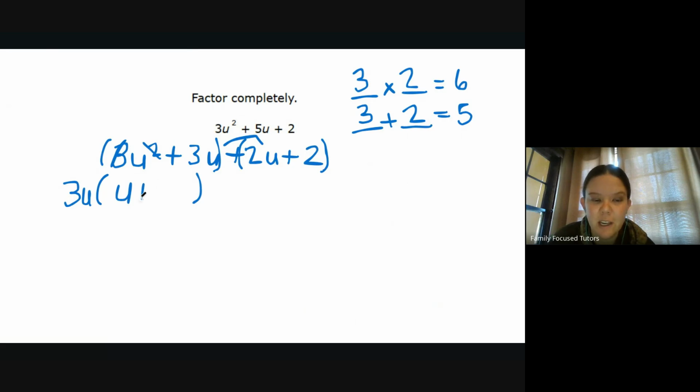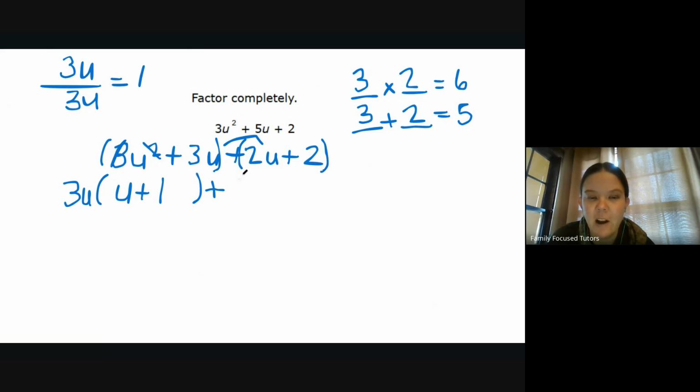So what about the second one? If I take out a 3u from 3u, what do I have left? 1. 3u divided by 3u is 1. If I write it like a fraction, when the numerator is the same as the denominator, that fraction is equal to 1. So that's why we get a 1 there.